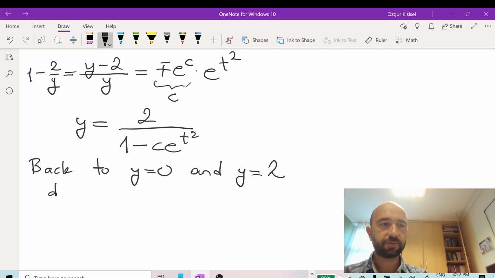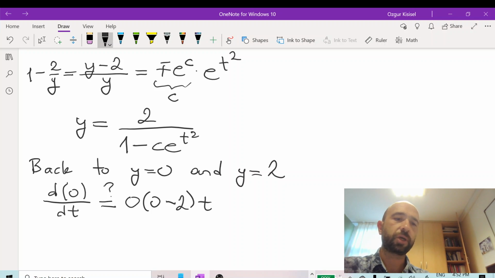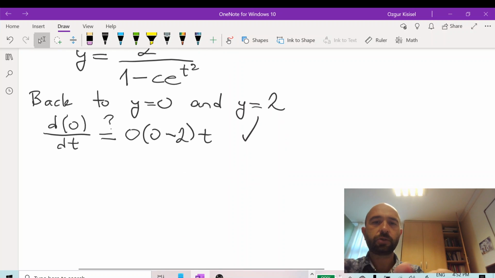So derivative of the 0 function, constant function, with respect to t, is that really equal to 0 times 0 minus 2 times t? This is the differential equation written for this particular function. And it's a correct equation. This derivative is 0, the right-hand side is 0, this holds. So y equals 0 is a solution.